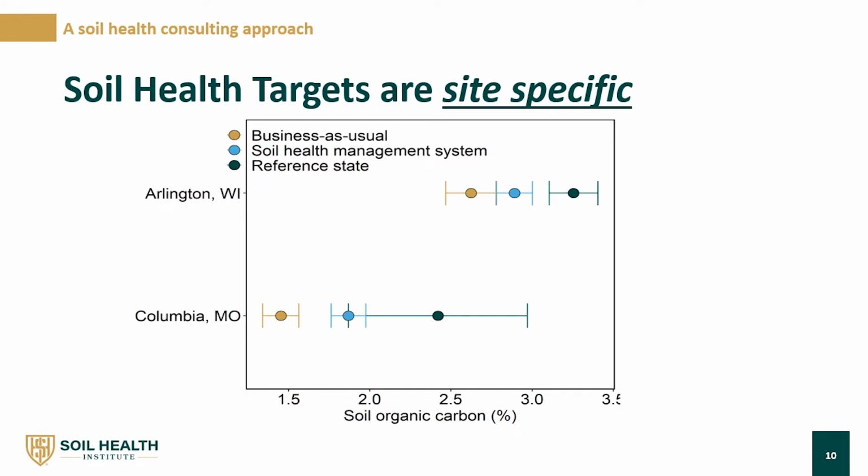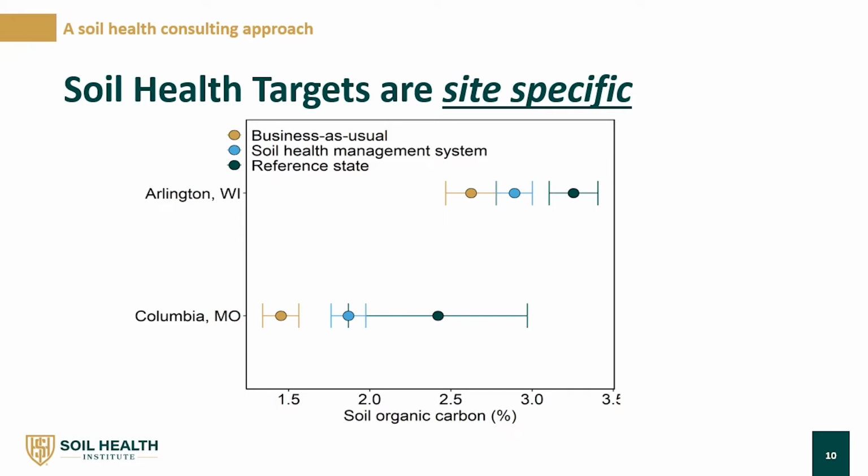So what we're looking at here is another graph of soil health targets. And this time we're just looking at data for soil organic carbon. But we're looking at data from two separate sites. The upper set of lines represents data from Wisconsin, while the lower line represents data from Missouri. And again, we're showing data from three different management scenarios: our business as usual in gold, soil health management system in blue, and the reference state in green.